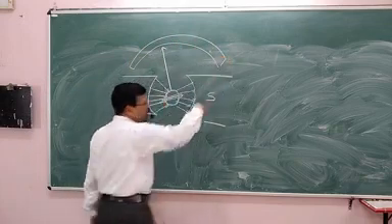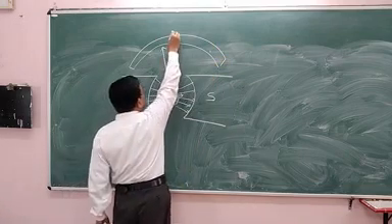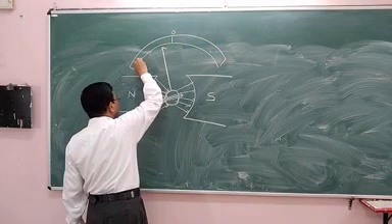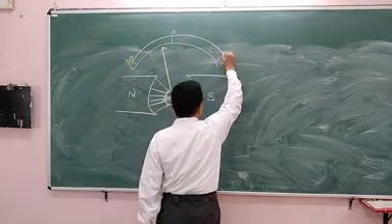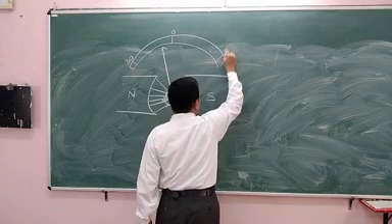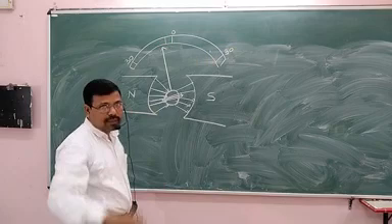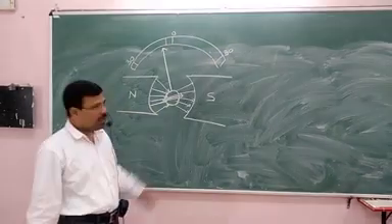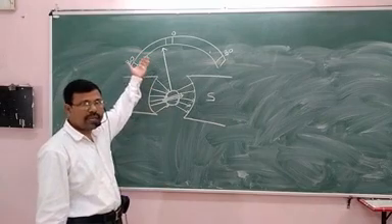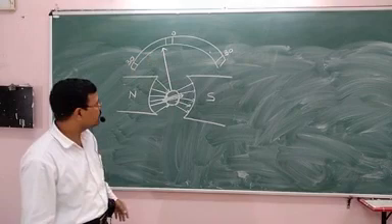On the scale, divisions are graduated from 0 to 30 degrees or 0 to 50 degrees. So every division reads 10 degrees, 5 degrees or 1 degree: 5, 10, 15, 20, 25, 30, 35, like that.